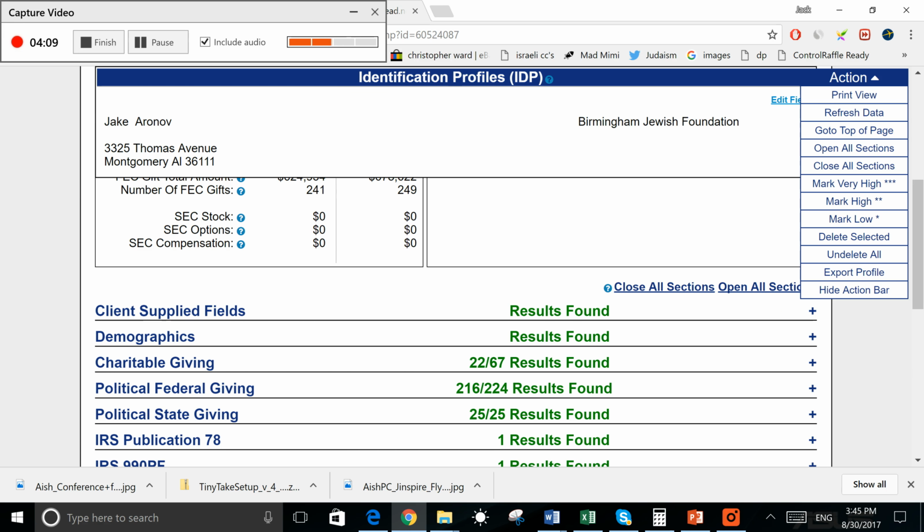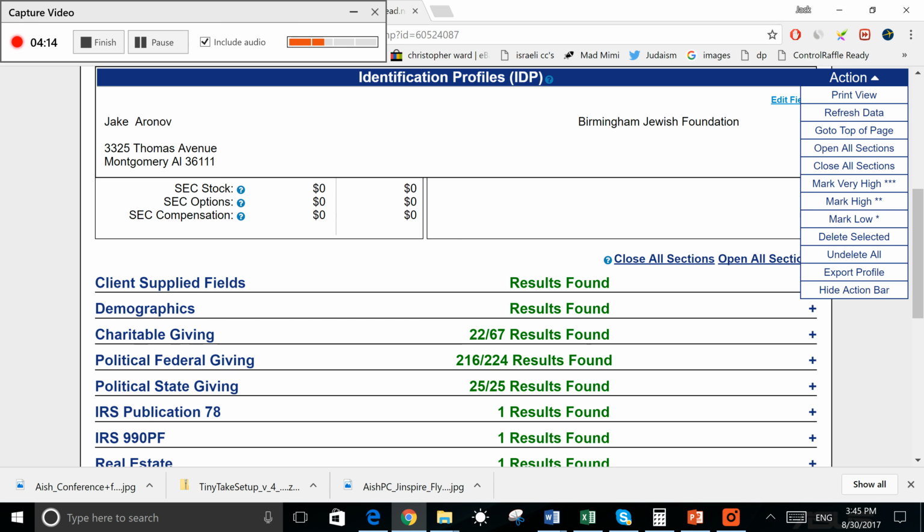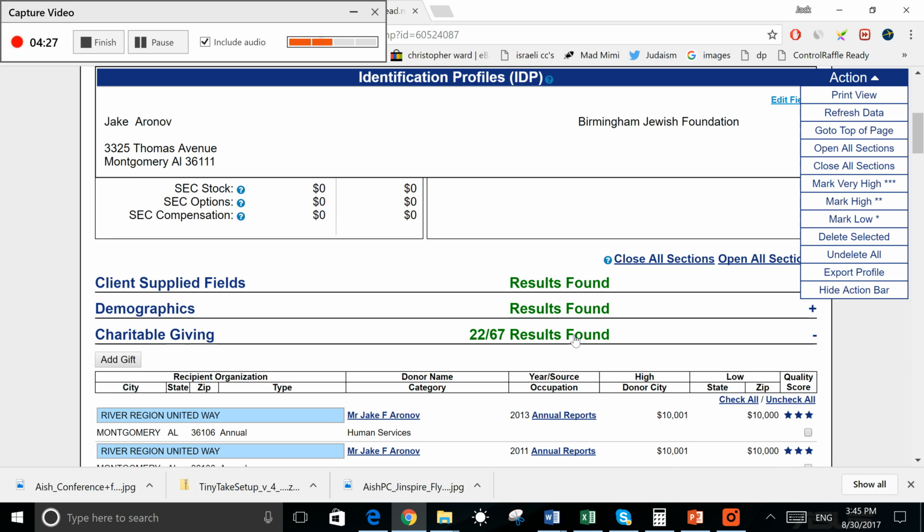We need the boots on the ground to make the effort to go through these people worth it, to have the fundraisers who are going to do it and be accountable. But some of the tools that we have are there. So you can scroll into here and see more information about Jake. This is what we would use to help build that profile.